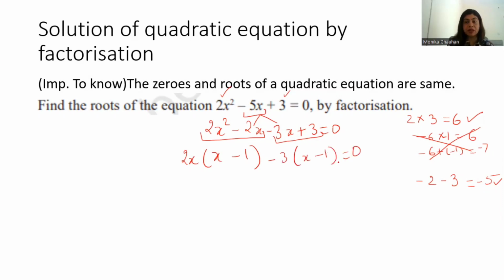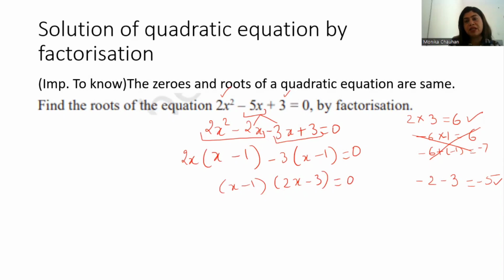An important part of middle term splitting is that when you regroup, the bracket x minus 1 in the first and second groups should be the same. So the first factor is x minus 1 and the second is 2x minus 3, which is equal to 0. These are the two factors you got.